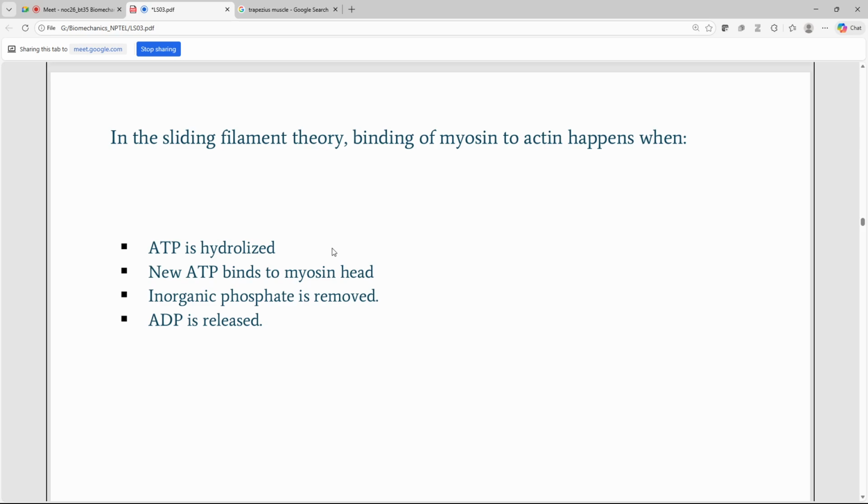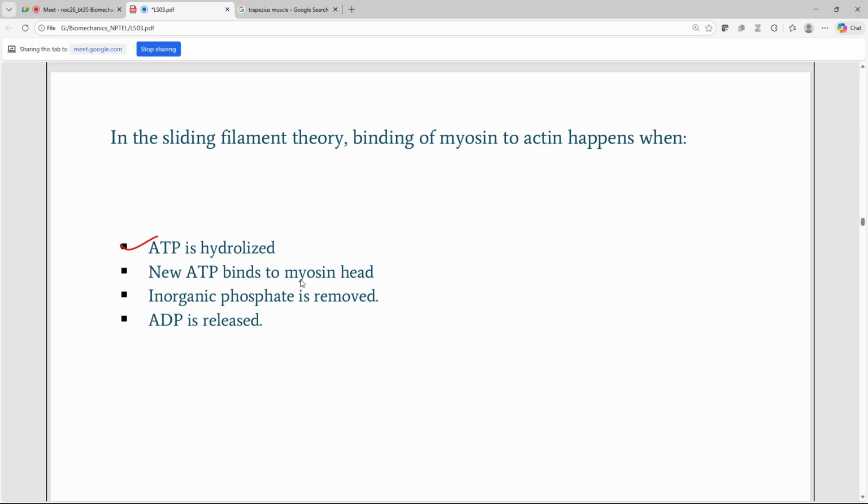Yes, the answer is when ATP is hydrolyzed. The ATP hydrolysis occurs before myosin binds to actin and not during the binding. Troponin binding to calcium ions shifts the tropomyosin, and this reveals the myosin binding sites, and the actin gets joined with that.